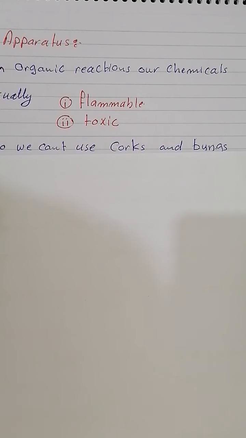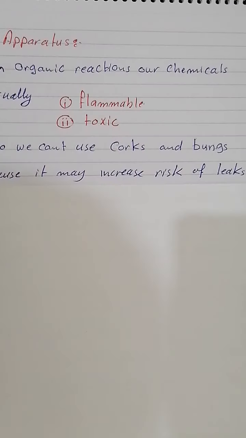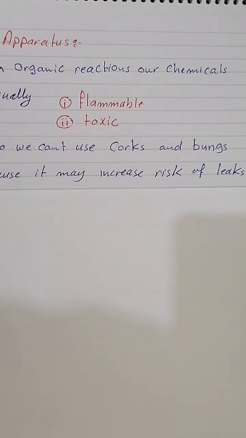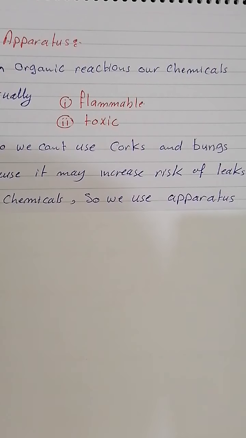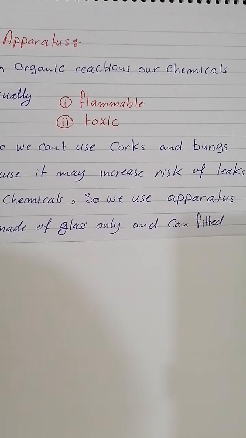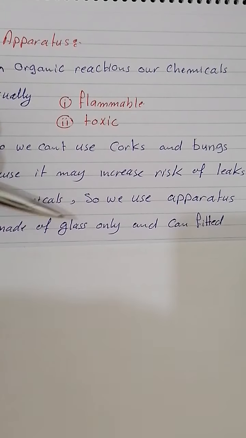escape of these chemicals into the atmosphere. For this reason we can't use corks or bungs, because they increase the risk of leaks of these liquids or their vapors or gases. So to avoid escape of these chemicals, which are flammable and toxic, we use a special type of apparatus made of glass only.